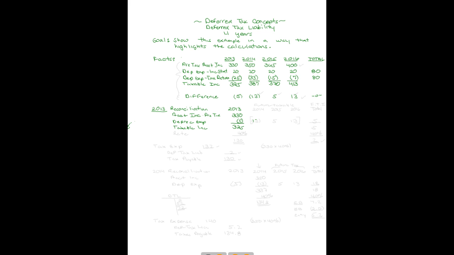And I'm going to list out how this difference is going to originate at 5, grow with 13, start to reverse out with 5, and finish reversing out with 13. As part of the way the author demonstrates this to you in his examples.